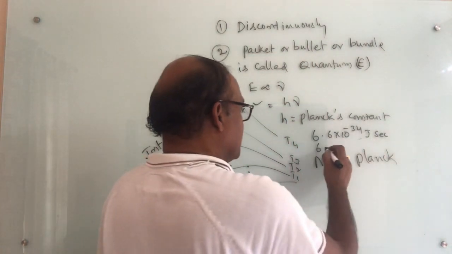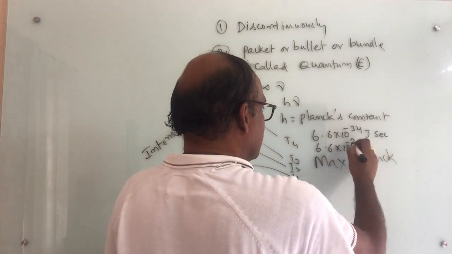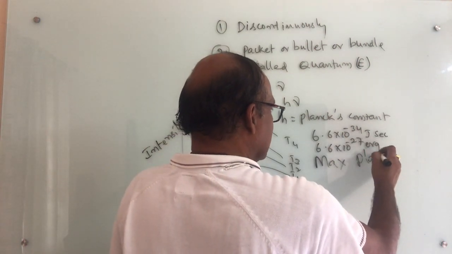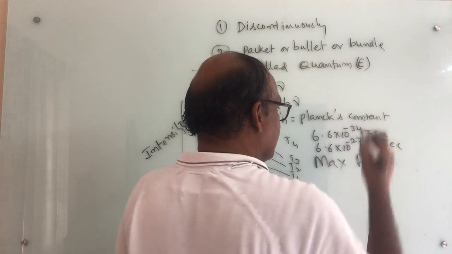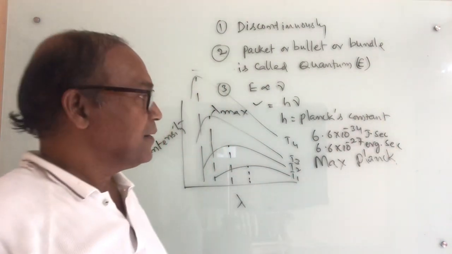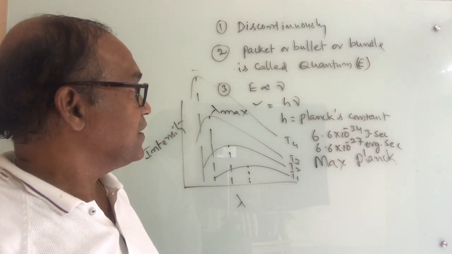Or 6.6 into 10 power minus 27 erg second. That is the proportionality constant.